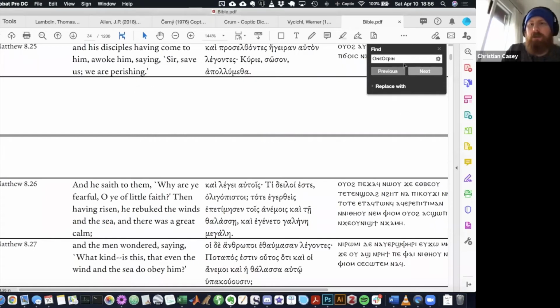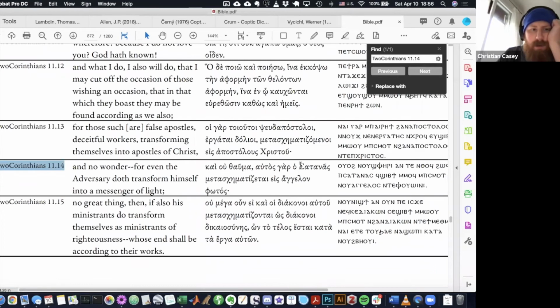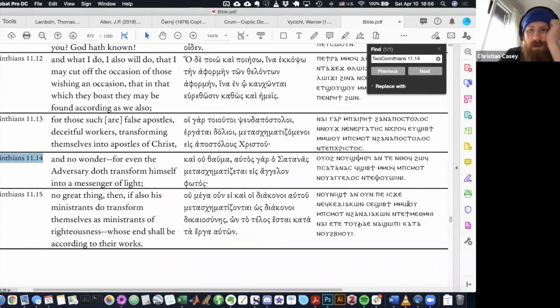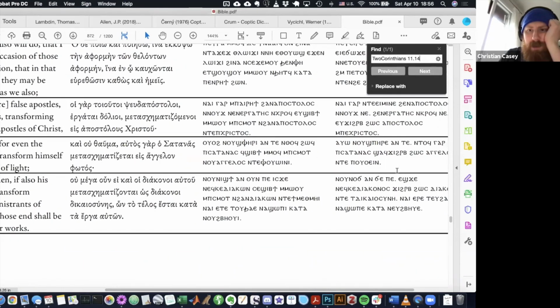Oh, I'm typing in Coptic. Great. And I misspelled it. I called these books something weird by accident when I was making this. Yeah, 2 Corinthians 11:14. This is Bohairic.